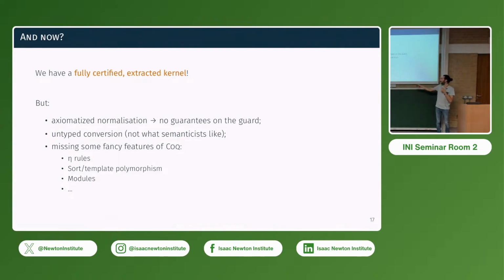I agree that in some senses this is at a different level. It's not at the level of the term calculus, but rather at the level of the whole environment. But still, it's something that is in the kernel of Coq and that we would be able to talk about in MetaCoq in a reasonable way, and it's probably necessary to do it there.